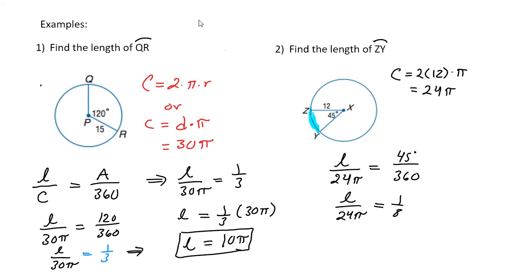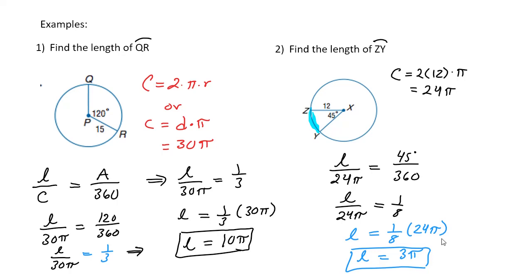Multiplying both sides times 24 pi, I will get that the length is equal to 1/8 times 24 pi. This is also very simple in terms of the answer. 1/8 times 24 is going to be 3. So the answer would be 3 pi for the length of that arc.